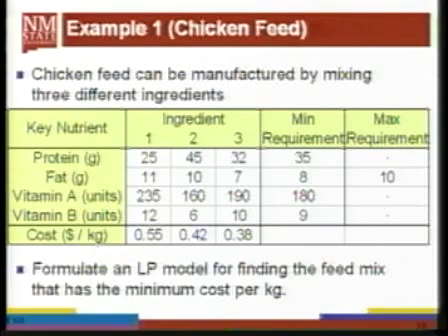So first of all, you need to set up the decision variables, right? How do you set up the decision variables for this case? How many decision variables do we need? 3, right?